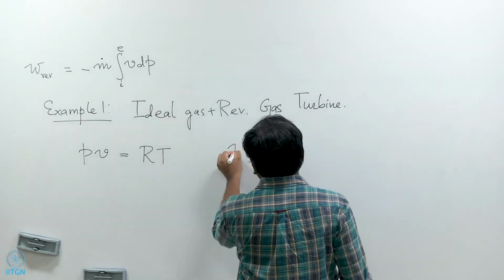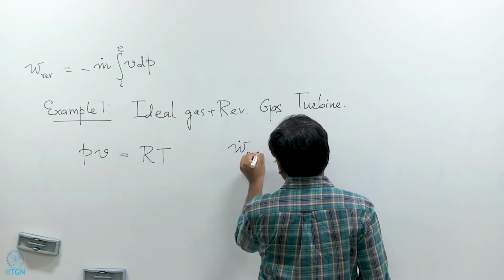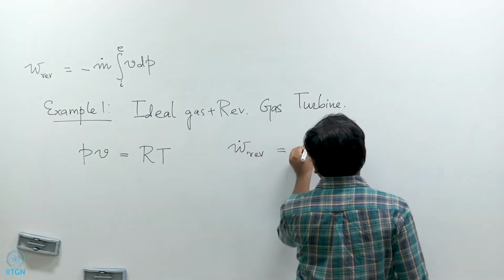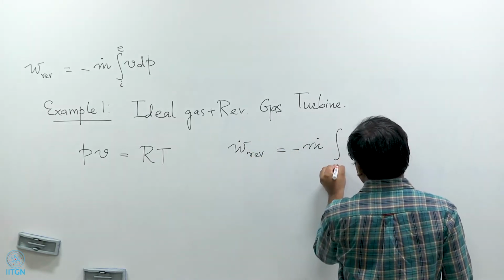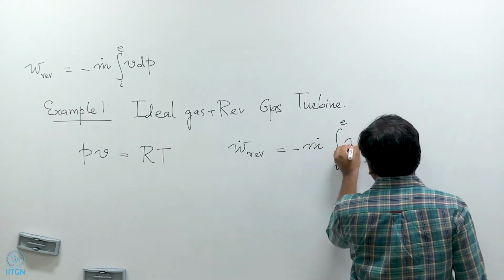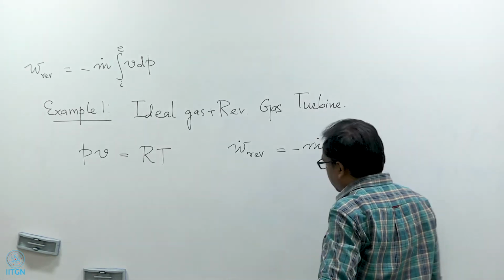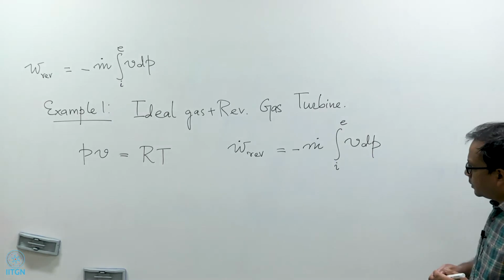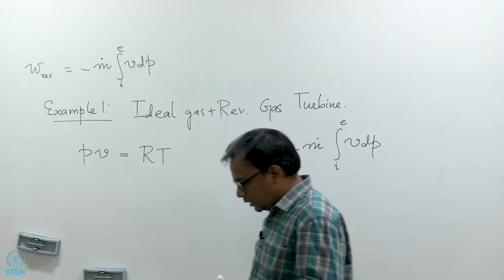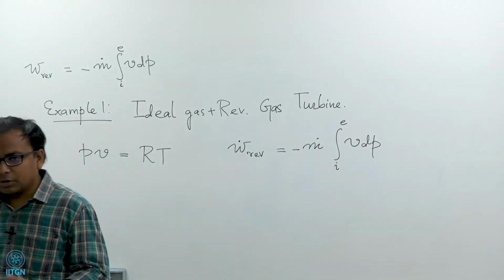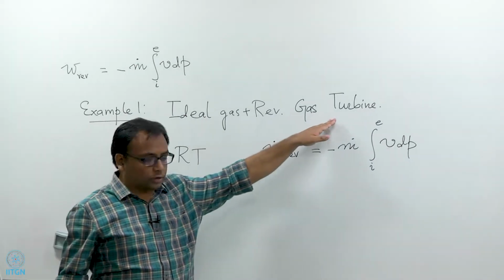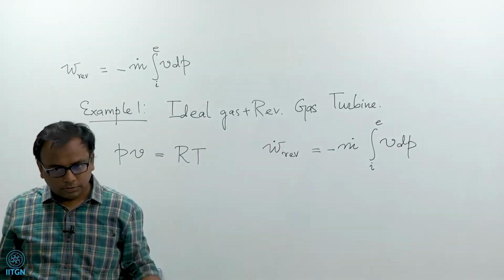So, W dot rev is equal to minus m dot integral inlet to outlet VdP. Now, if the turbine is working in a reversible way, we know that for turbines the heat interaction with the surroundings is 0.